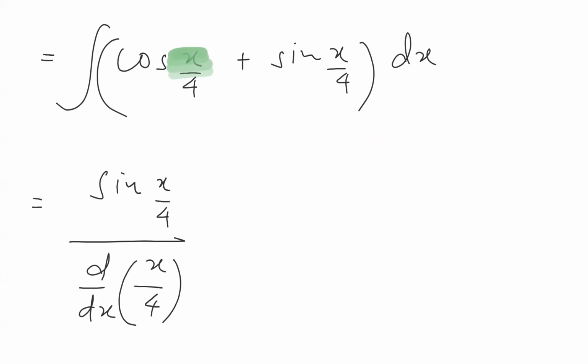The green colored part is my x. So x is getting replaced with x by 4 in both the cases. And x by 4, is it a linear algebraic term? Yes, it is a linear algebraic term where x is in the base and the power of x is 1.